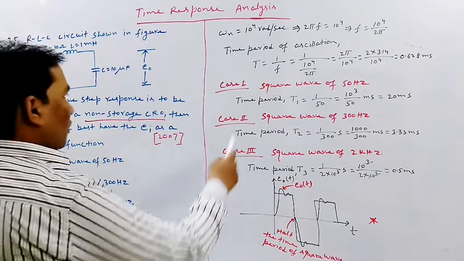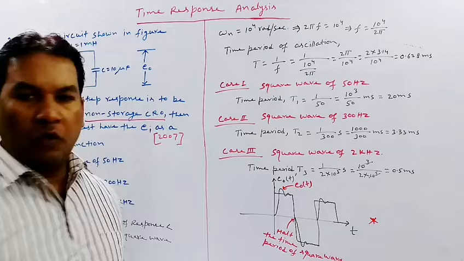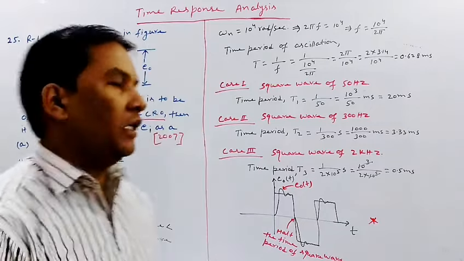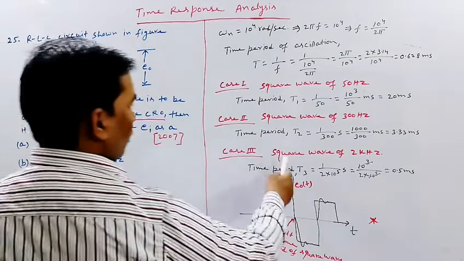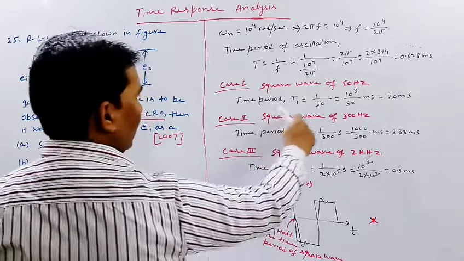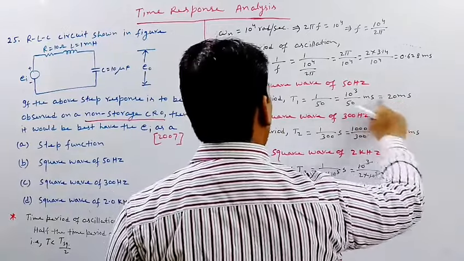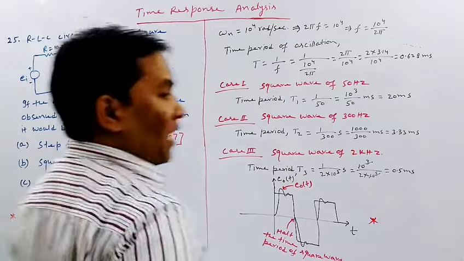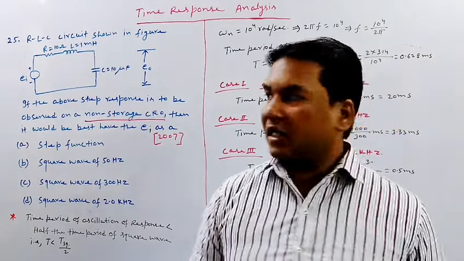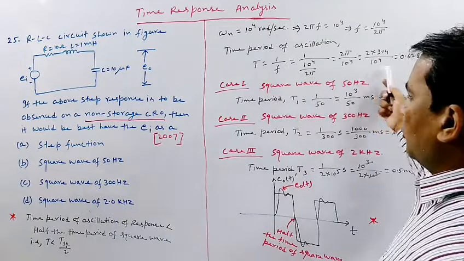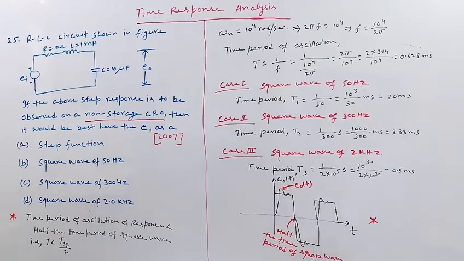And what about case 1 and case 2? In case 1 the time period is 20 millisecond, which is much greater than the time period of oscillation. So in this case, what will happen?